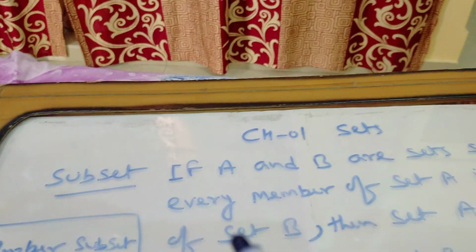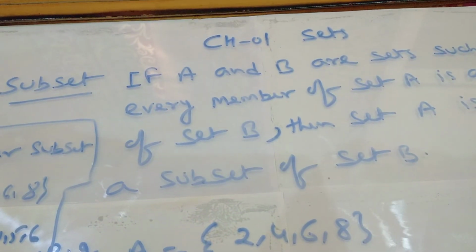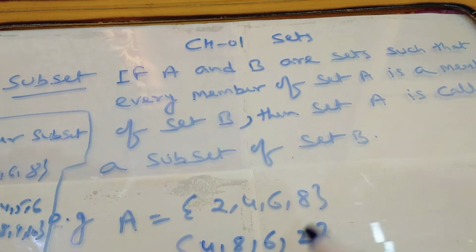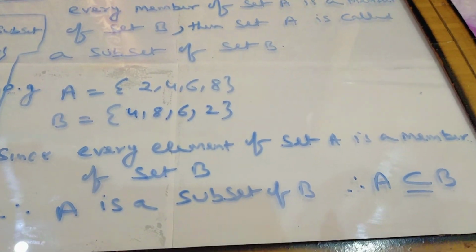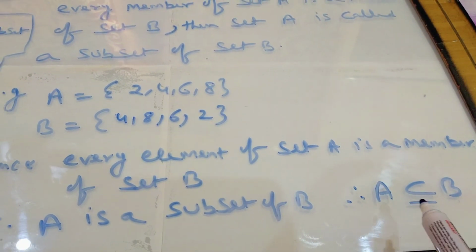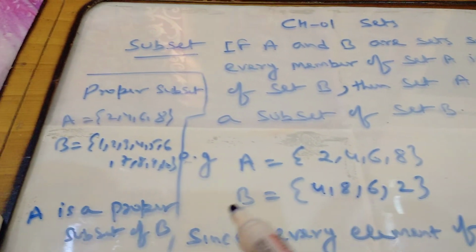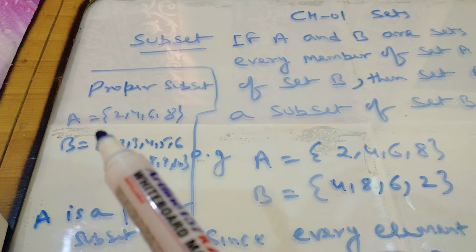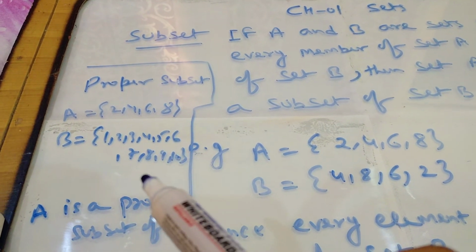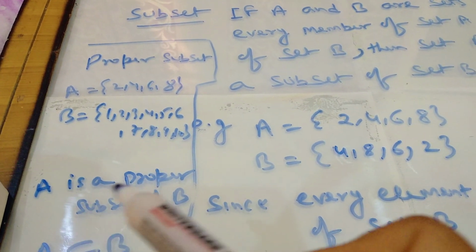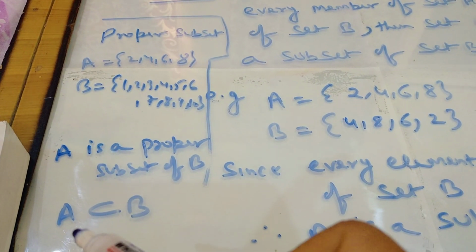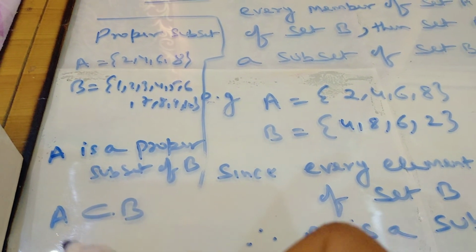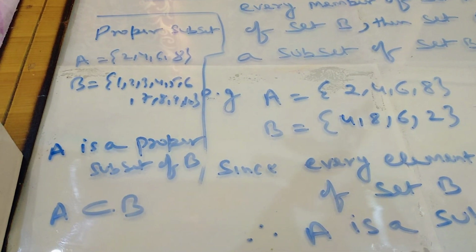One is subset: if A and B are sets, that definition with example, and that symbol also you should know. Proper subset, you should know this example I have given, that A is a proper subset of B. Symbolically you will write it like this.